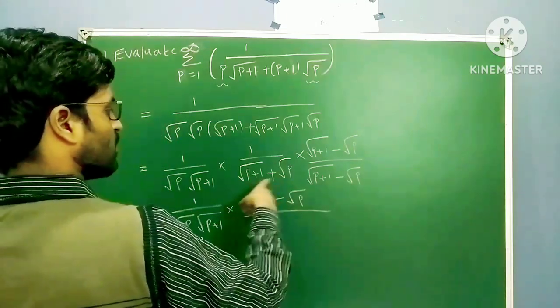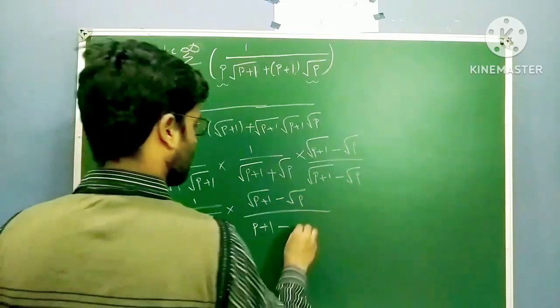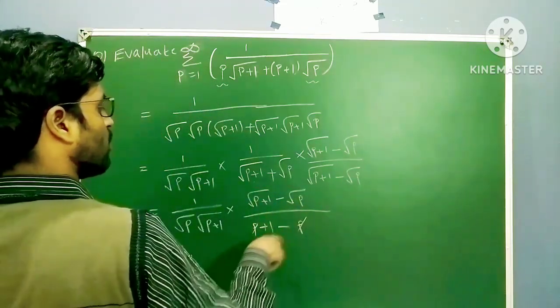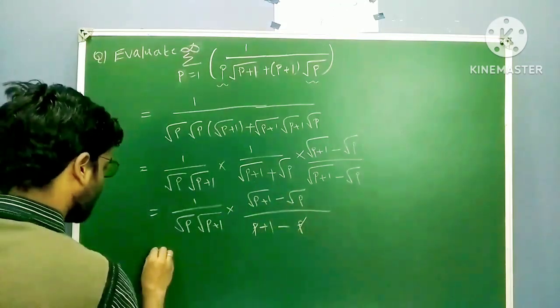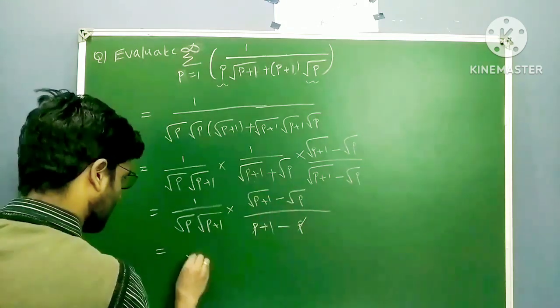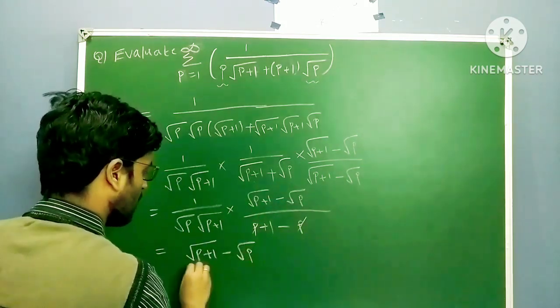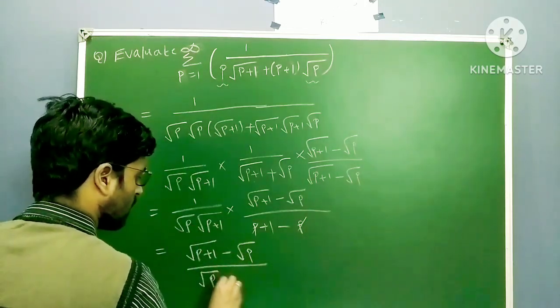Next, a square minus b square: root p into root p, so p, and p plus 1 minus p gives 1. So the overall expression is root p plus 1 minus root p over root p into root p plus 1.